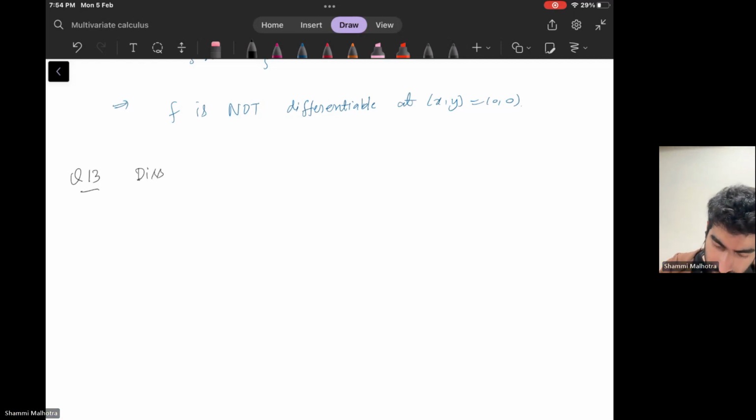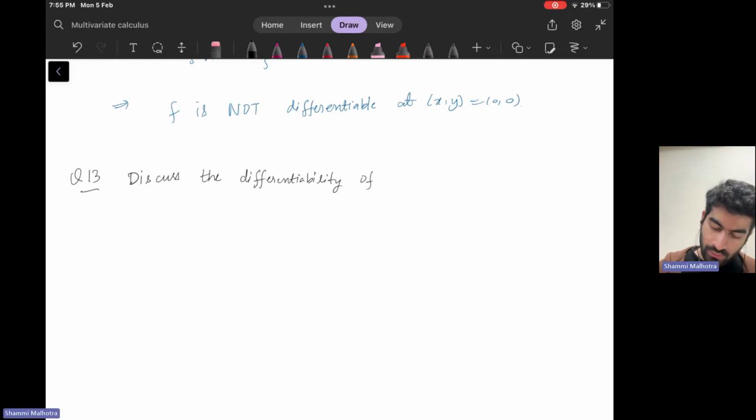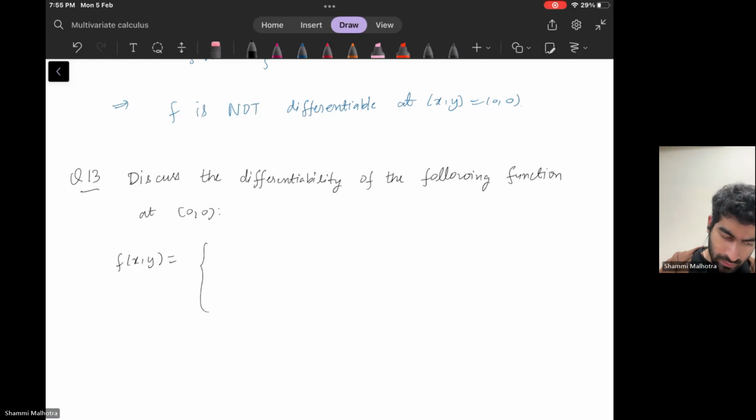Discuss the differentiability of the following function at 0, 0. f(x,y) is given as x to the power of 6 minus 2y raised to the power of 4 whole divided by x square plus y square if x square plus y square is not equal to 0, and 0 if (x,y) is equal to (0,0).